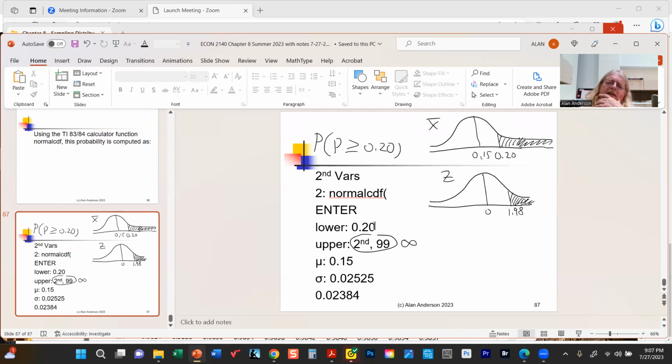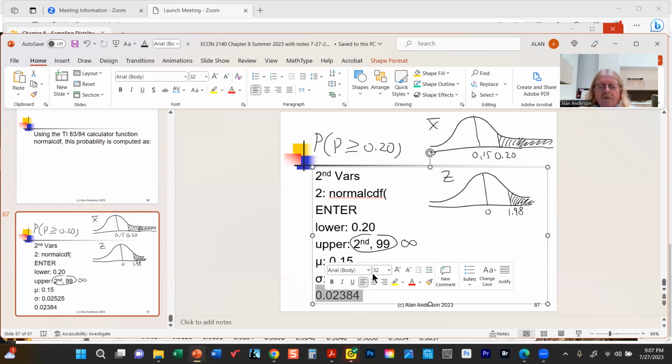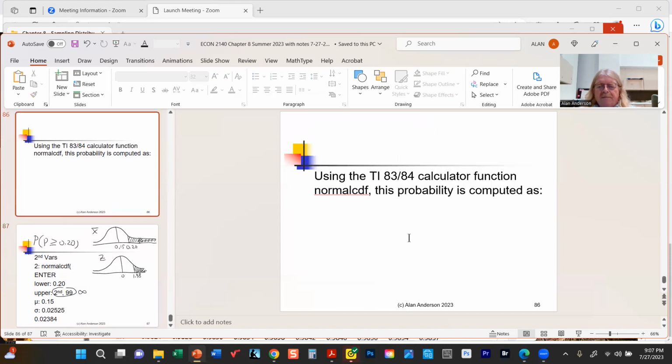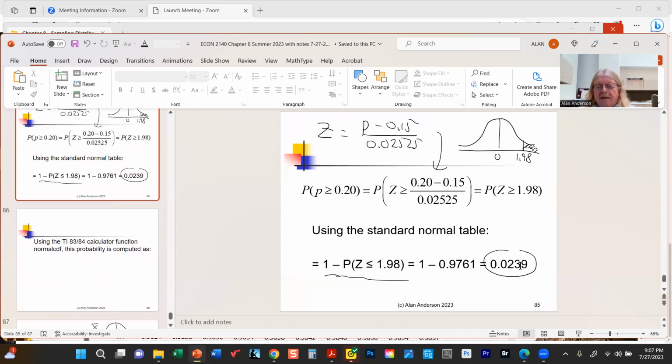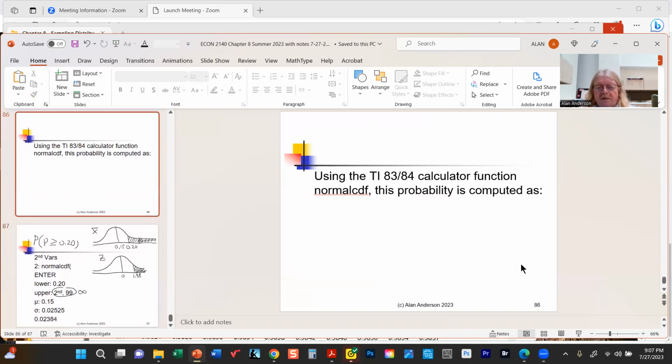And again, technically this can only go up to 1, but it'll make no difference at all if you write it as infinity, because this is the normal distribution. And it's about 0.02384, about 2.4%. Almost exactly the same as what we had here. Not exactly, but very, very close.